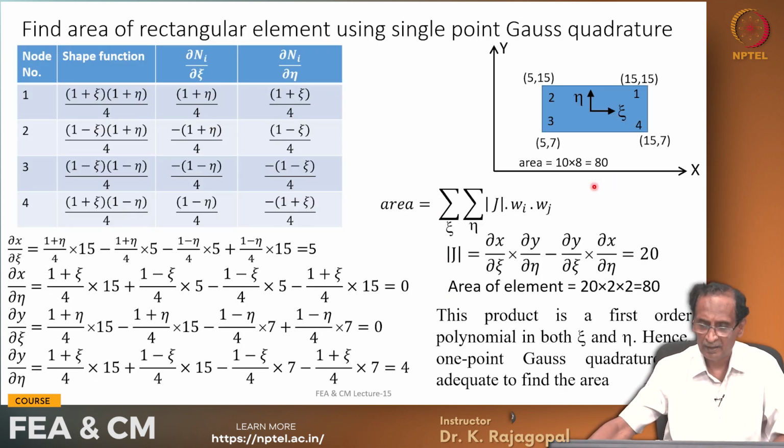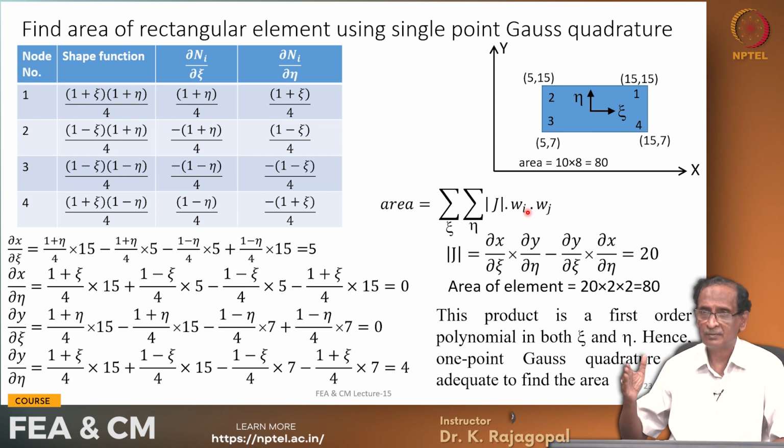We can write the area as the summation over xi, summation over eta, of the determinant of the Jacobian matrix times wi wj, where these are the weight factors in the xi direction and eta direction.